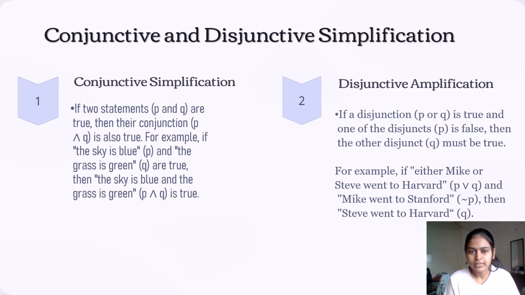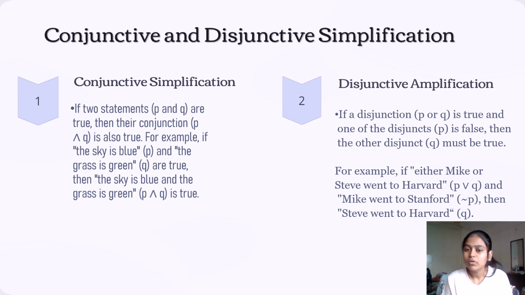So now let's start the explanation for each formula one by one. First one is conjunctive simplification. If two statements P and Q are true, then their conjunction P and Q is also true. For example, if the sky is blue, known as P, is true, and the grass is green, known as Q, is true, then the sky is blue and the grass is green, P and Q, is also true.